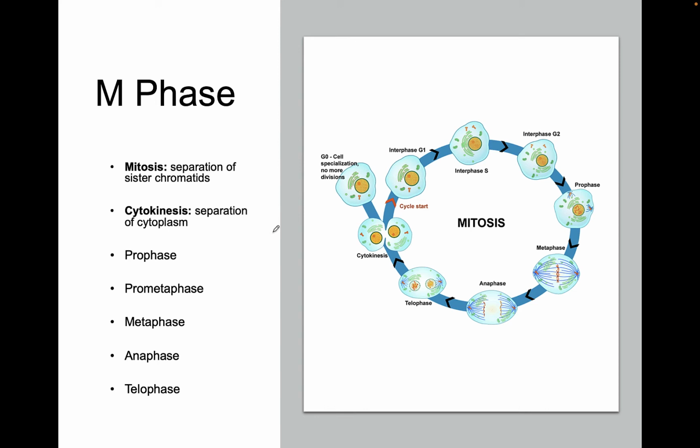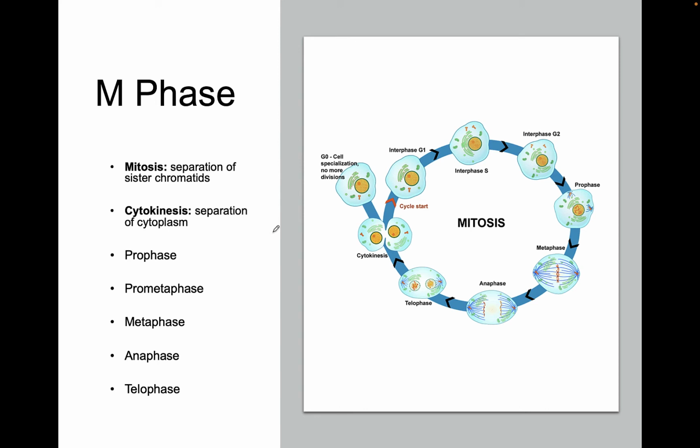And this is where the sister chromatids, or the chromosomes, I'm sorry, at this point are going to move to opposite poles. Okay. So at this point in anaphase, you should not have the sister chromatids because they have now been separated. Which brings us to telophase.